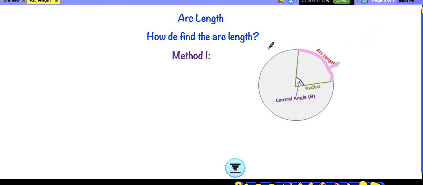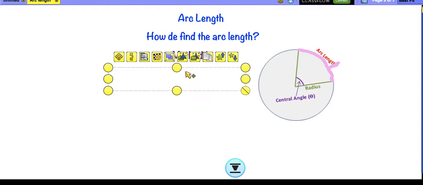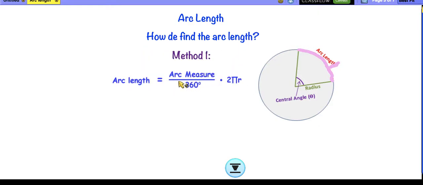And of course, as you can see, this piece of arc can link to the central angle. That's why we are going to use a piece of that. The first formula I want to share with you is this. Arc length uses the arc measure: how many degrees for this arc, divided by 360, which is the ratio of this arc to the whole circle of 360 degrees. Then this ratio can be multiplied by the whole circumference.